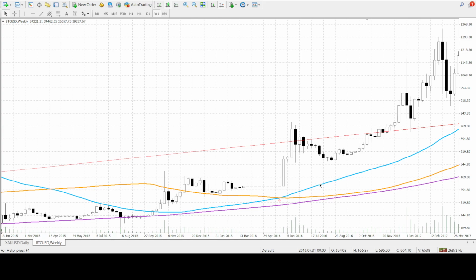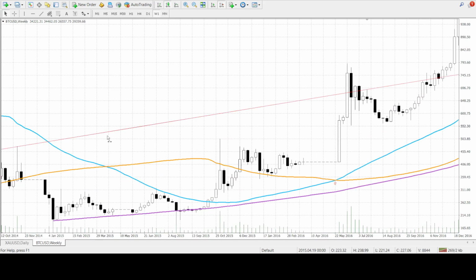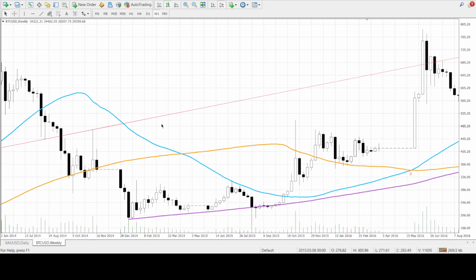So when you have blue, orange, pink in that order, that is a bullish market. When you have the blue under the orange, that is a bearish market. And then especially if the blue drops beneath the pink.